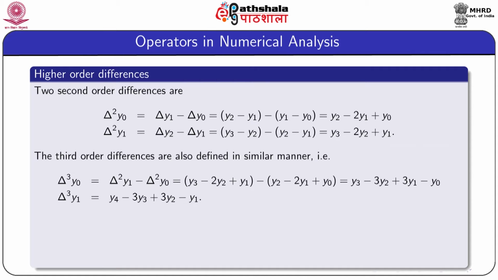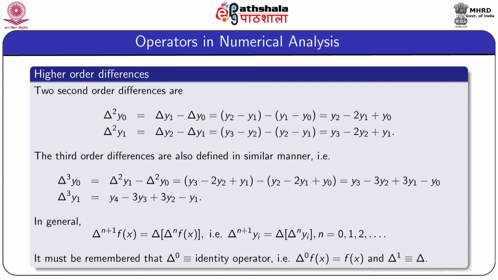and for third order differences, delta cubed y_0 equal to, after simplification, y_3 minus 3 y_2 plus 3 y_1 minus y_0, and delta cubed y_1 equal to y_4 minus 3 y_3 plus 3 y_2 minus y_1.